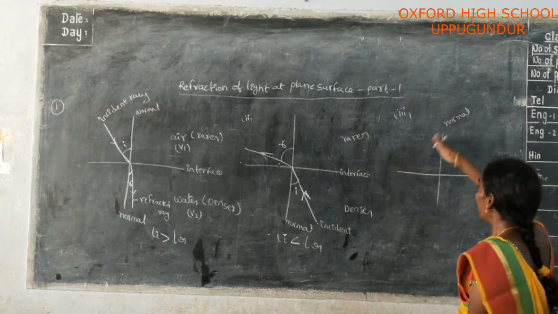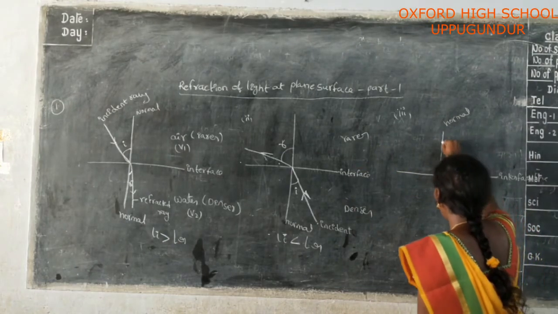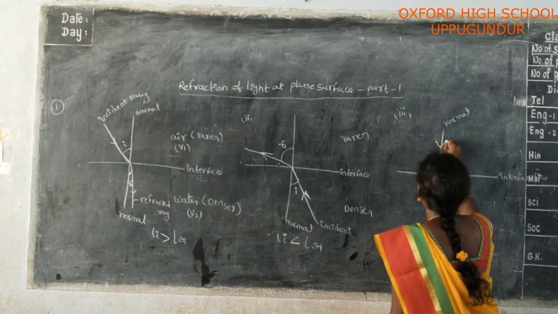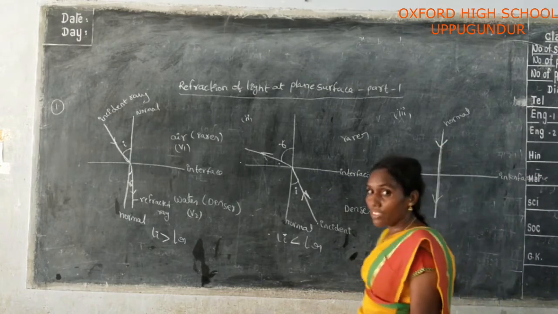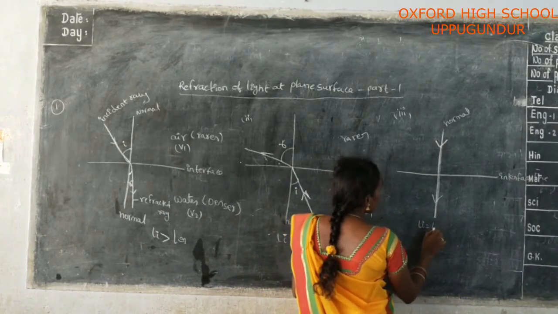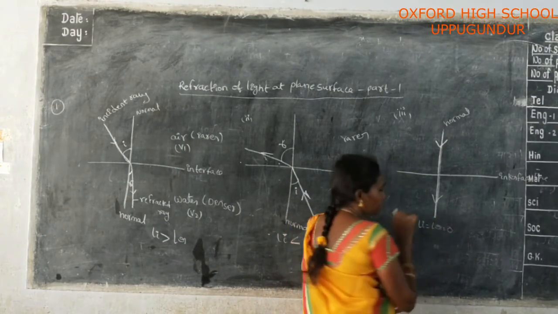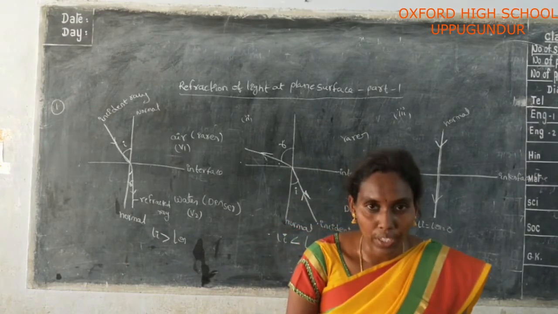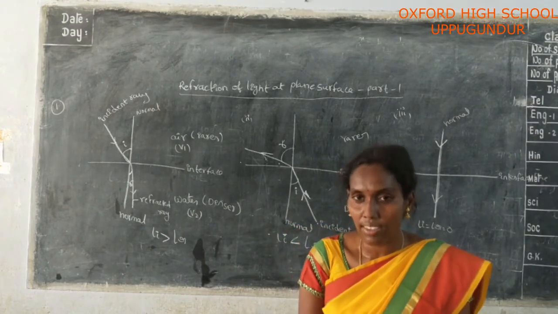In this case, the light ray travels along the normal. If the light ray travels along the normal, the angle of incidence and the angle of refraction are equal to 0. Why are they 0 in this case?